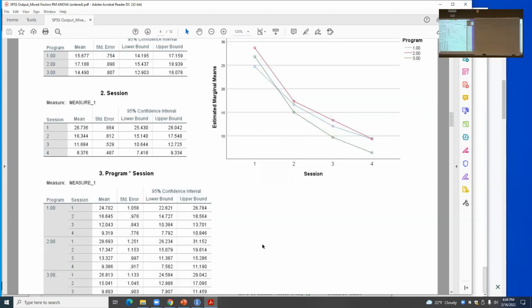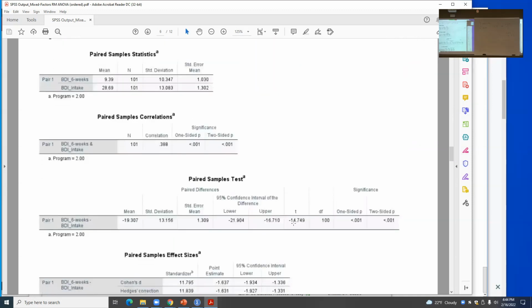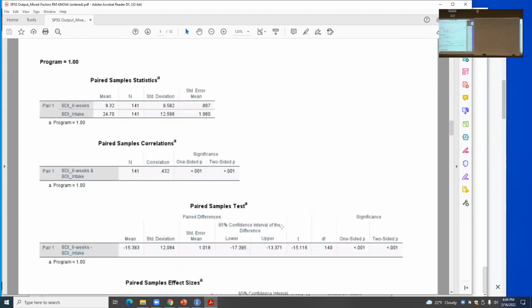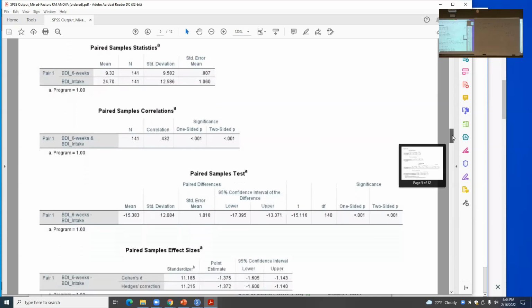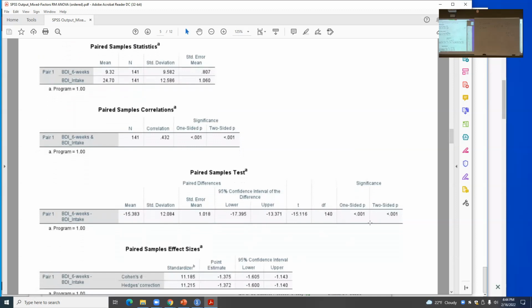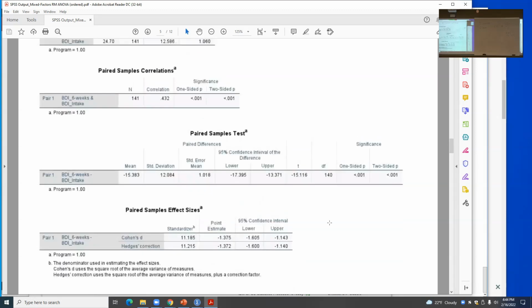Okay. So what I'm going to do here is go through, split file, and run a paired sample t-test pre-post for programs 1, 2, 3. If we go through split file and run a paired sample t-test, it's going to give me a paired sample t for program 1, and I'm not even interested in that p-value because I already know it's going to be huge.